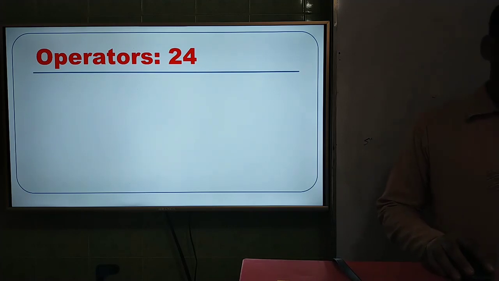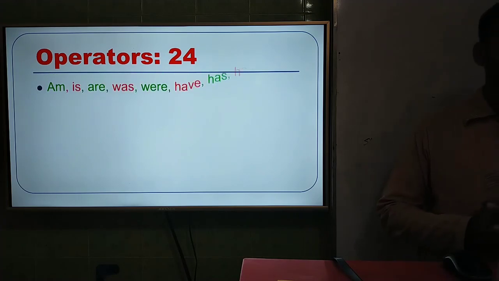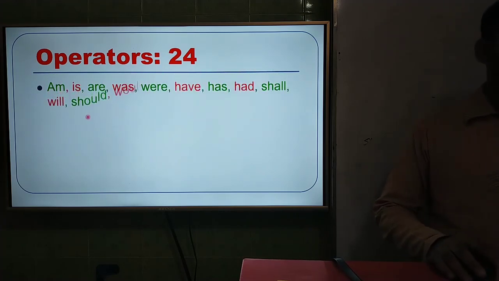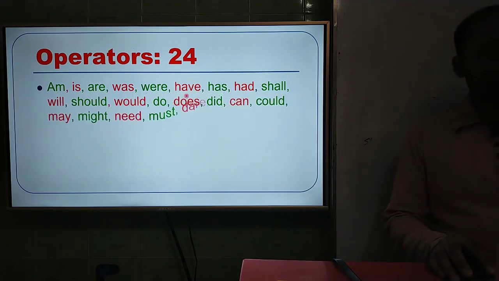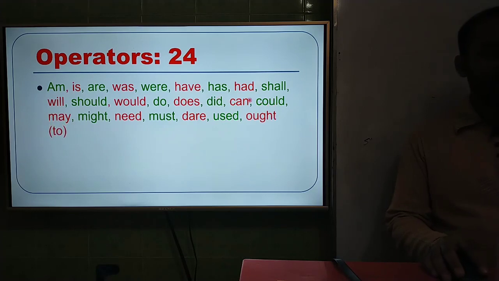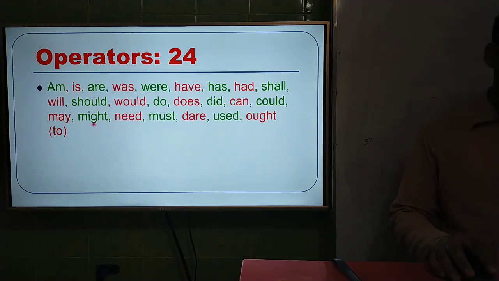There are 24 operators in tag question, and these are: am, is, are, was, were, have, has, had, shall, will, should, would, do, does, did, can, could, may, might, need, must, dare, used, ought to.